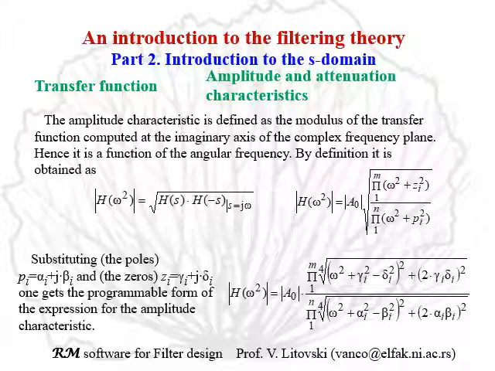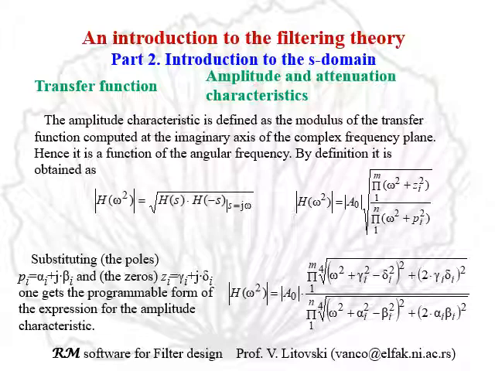Below, if the poles are denoted by alpha plus j beta and the zeros as gamma plus j delta, then a programmable form is obtained, which is represented on the right-hand side.